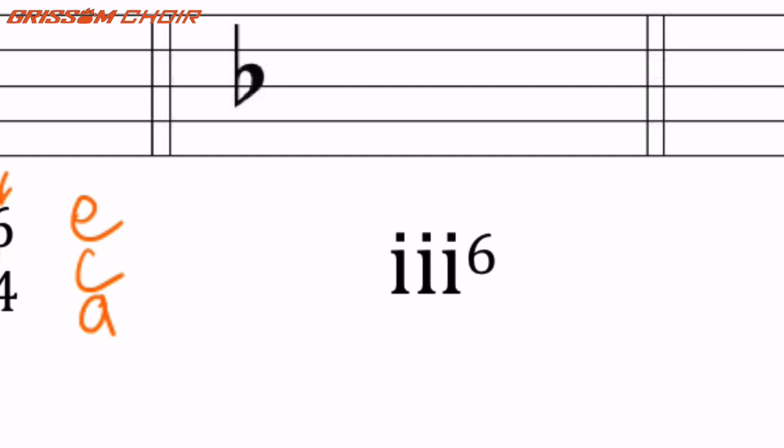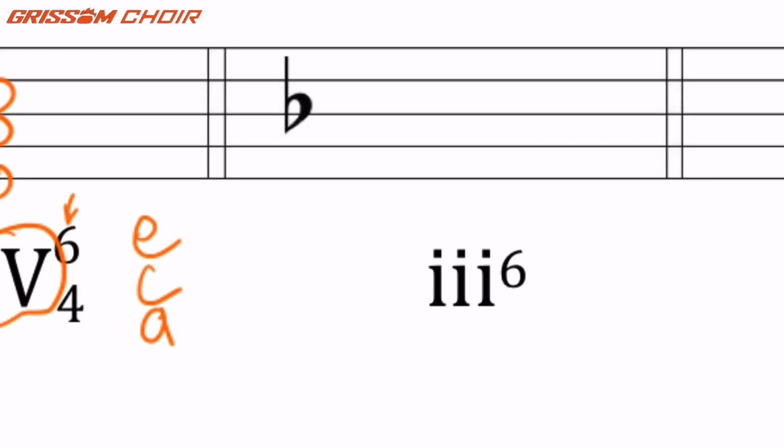This next example, we have one flat in the key signature. That is oddball F. We're looking for the third scale degree, so we count that F as 1. 1, 2, 3.